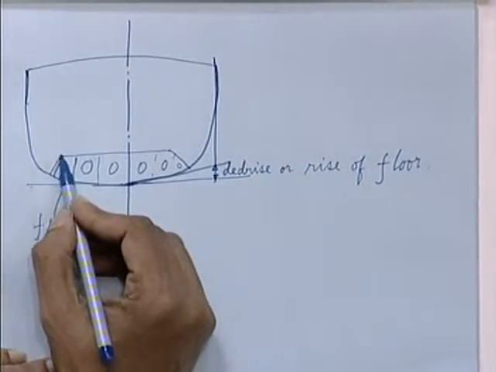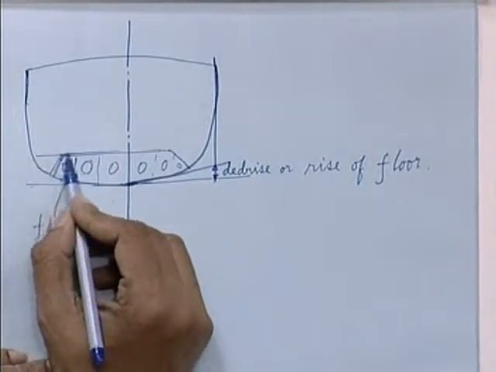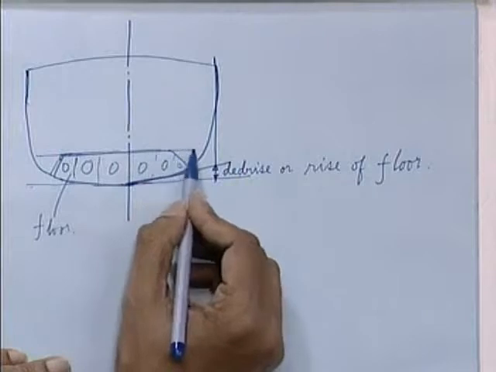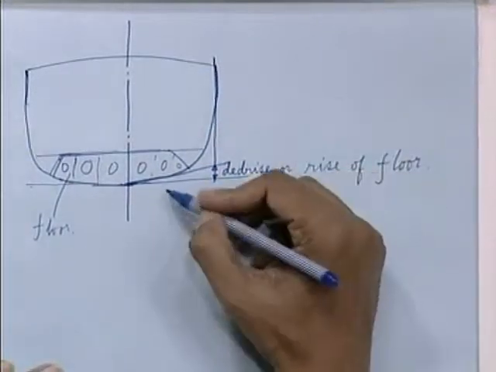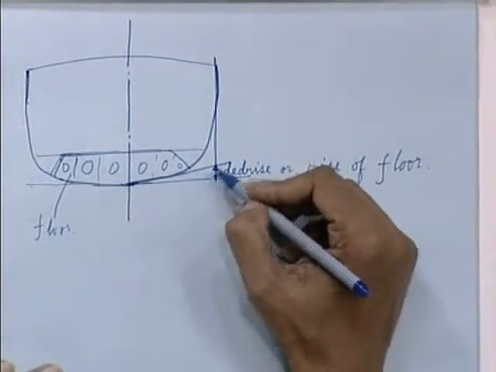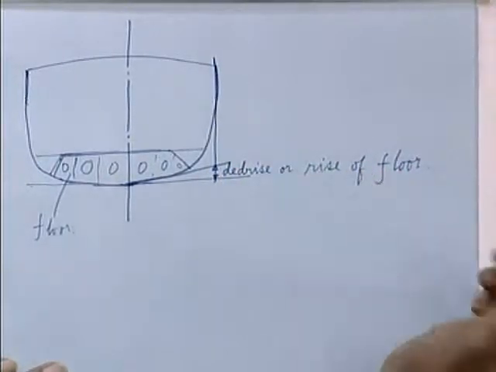You may have a faceplate also, or on top the inner bottom will be there. But this structural arrangement you will cover in a better drawing. Anyway, for our lines drawing, you simply remember that this slope of the bottom shell at the midship is called a dead rise or rise of floor.